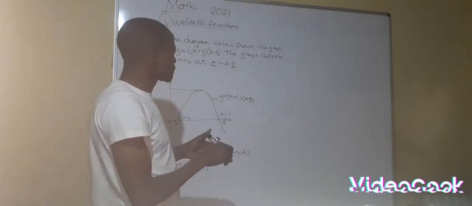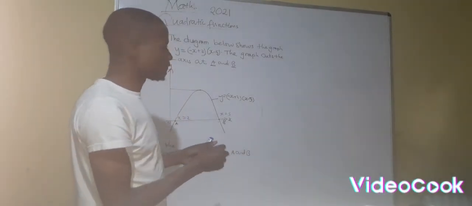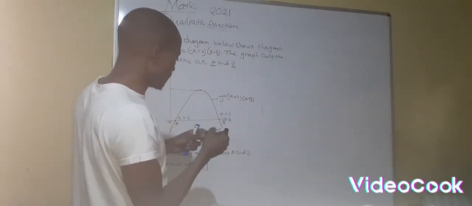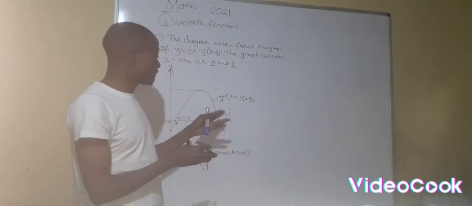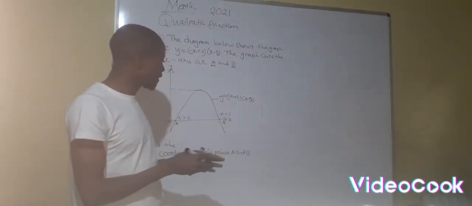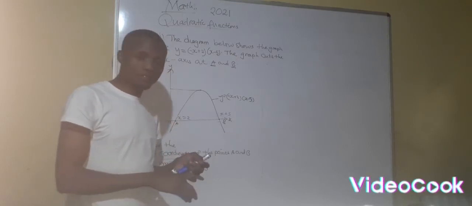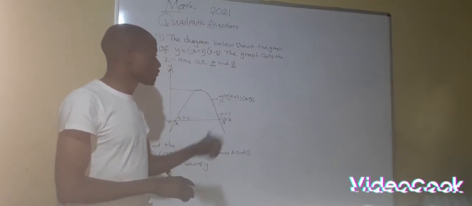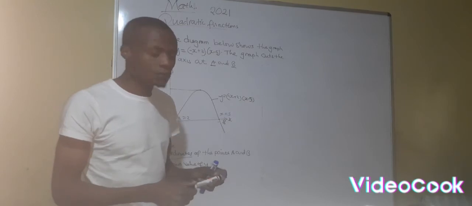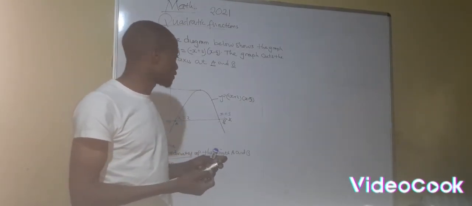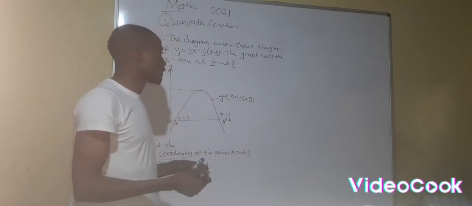There are two ways of finding the maximum value of y: either by using the formula, or you find the x first, then you substitute it throughout the equation, and that way you can find the value of y.